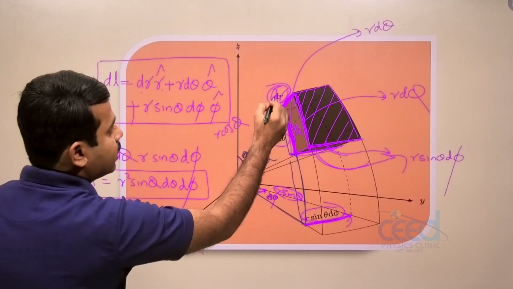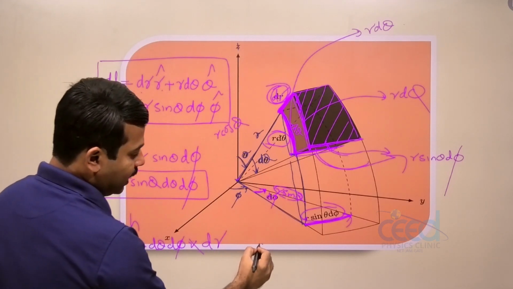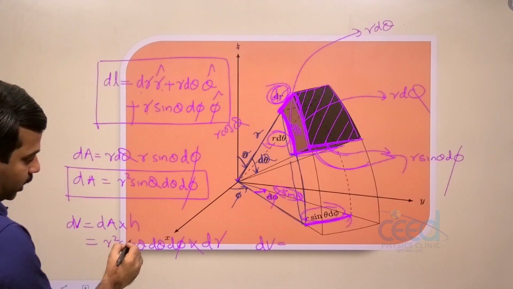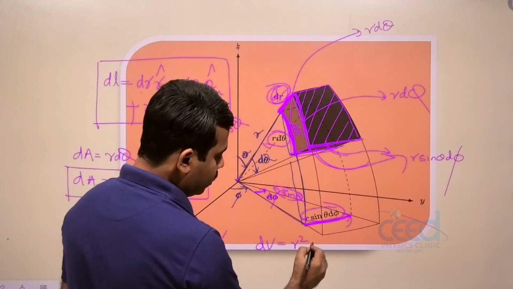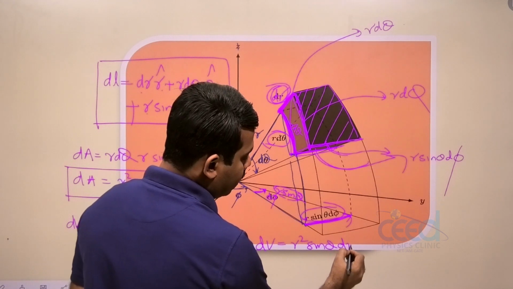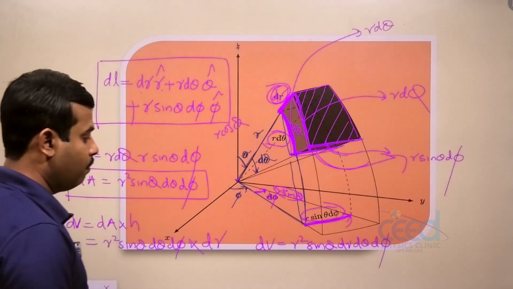Height is this, that is dr. That means dV is equal to r square sin theta dr d theta d phi, right.